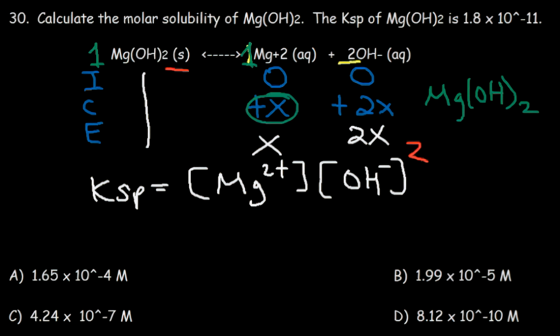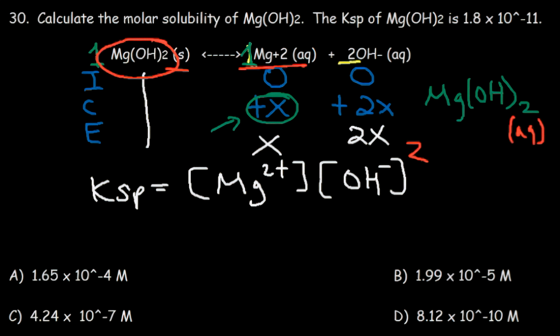And x represents the concentration of Mg2+. So if we could find x, we're going to have the concentration of Mg2+ that's dissolved in a solution, which is equal to the concentration of Mg(OH)2 that's in the aqueous phase. So basically, anytime you need to calculate the molar solubility, you're looking for the value of x.